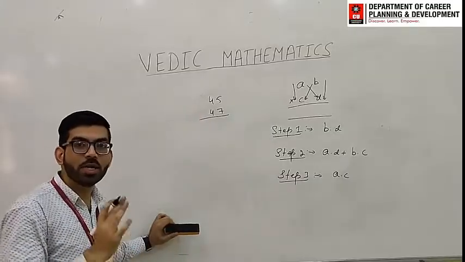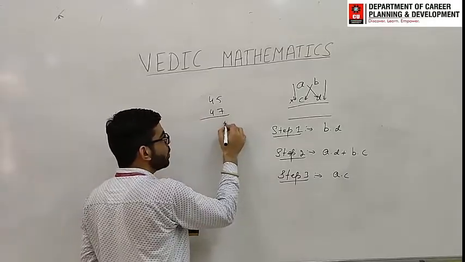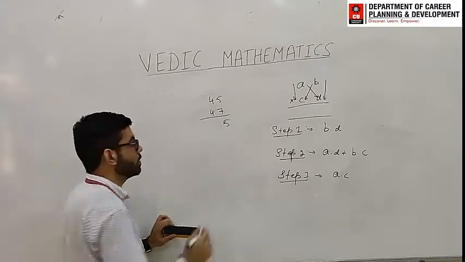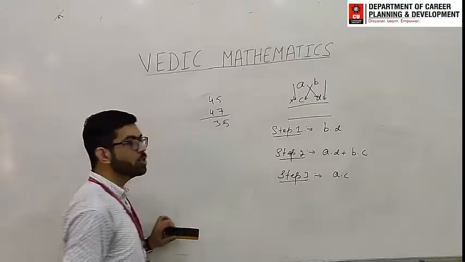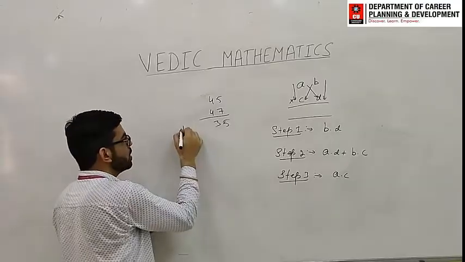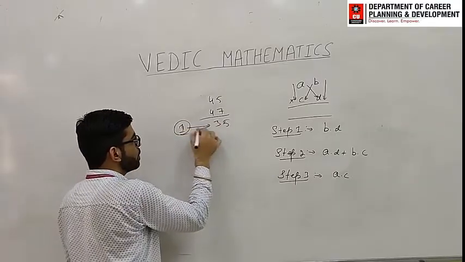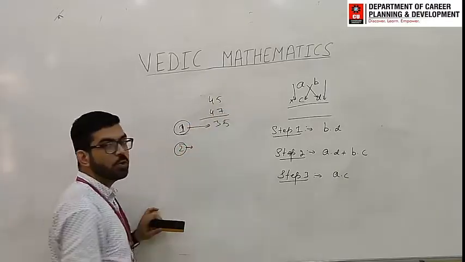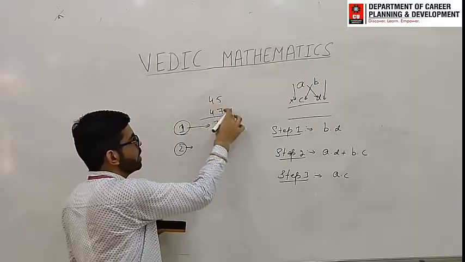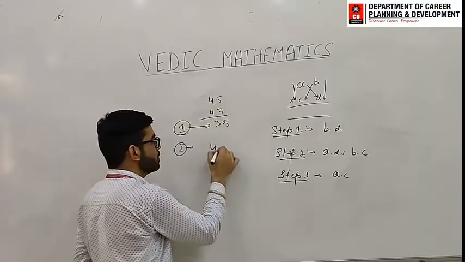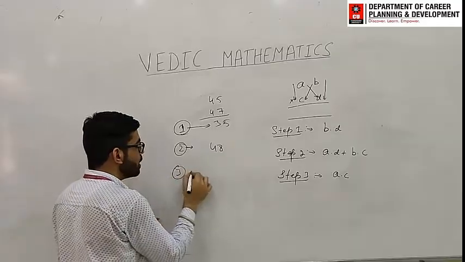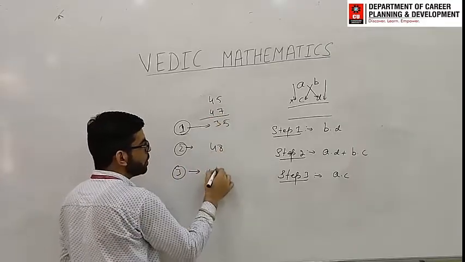But we have to write only unit digits, so we write only 5 here and 3 will be your carry. I am representing it like this, 3 will be your carry. Step number 1, 35. Step number 2 will be 4 into 5, 20, plus 28, so the sum will be 48. Step number 3 will be 4 into 4, 16.